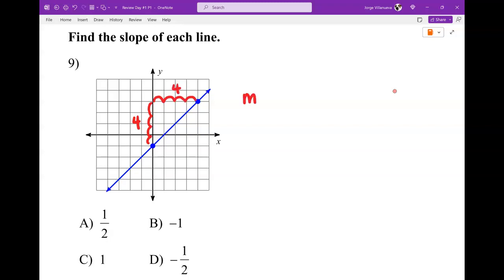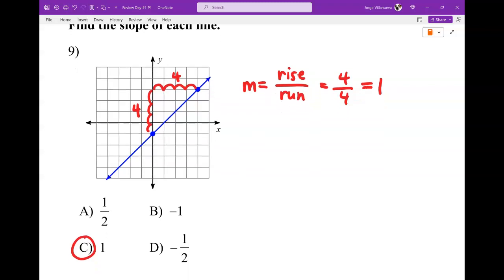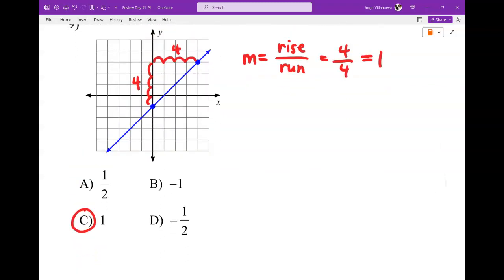My slope, rise over run, is 4 over 4, so it's 1. Remember, if you go down from left to right, that's negative. If you go up, it's positive. Are we okay with that one?